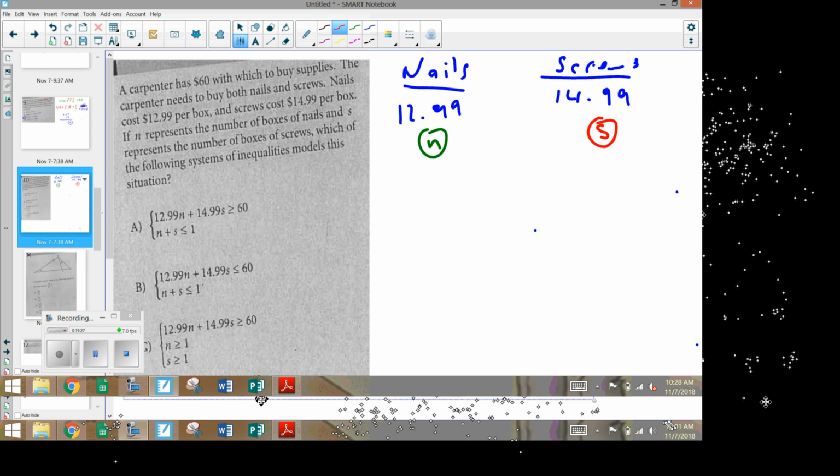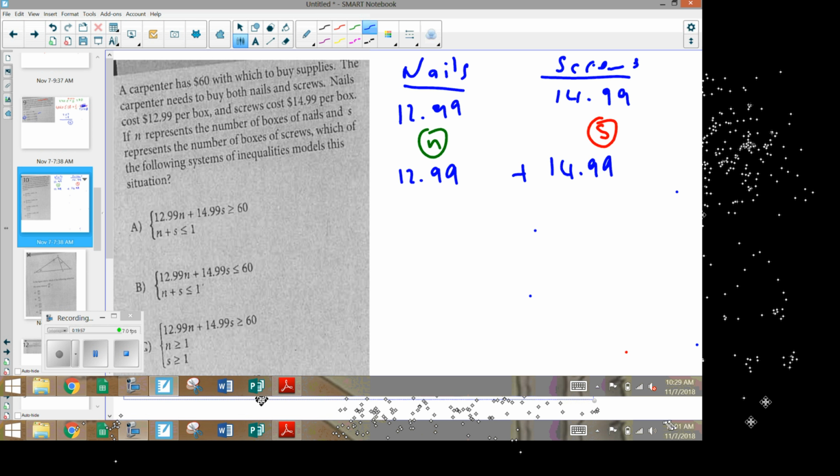Okay, if the carpenter buys one of each box, he's going to pay $12.99 times 1 plus $14.99 times 1, right? Because we're purchasing one from each box. If he purchases 2 boxes, $12.99 times 2 plus $14.99 times 2.